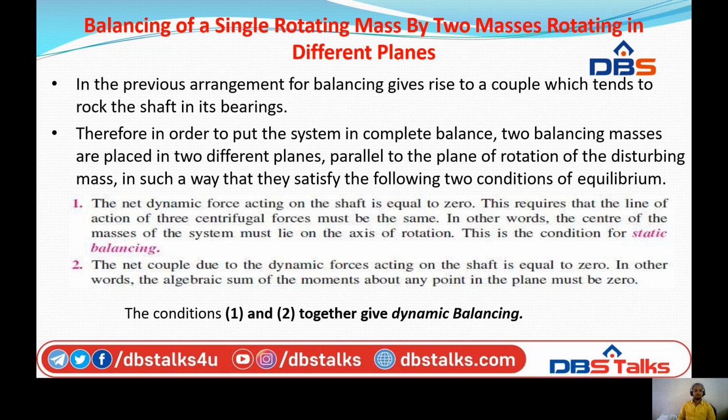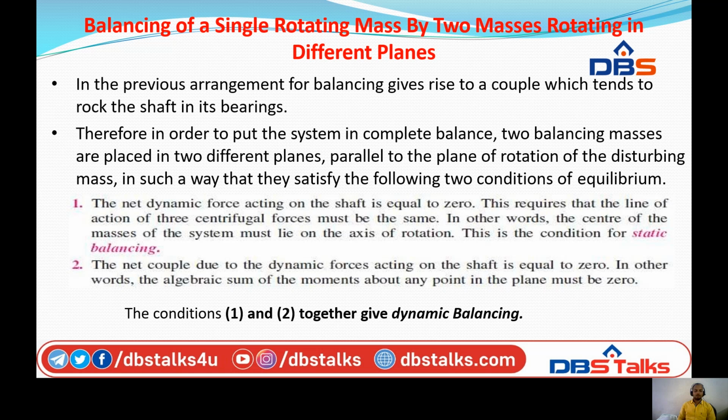In other words, the two forces are equal in magnitude and opposite in direction. But this type of arrangement for balancing will give rise to a couple which tends to rock the shaft in its bearing.